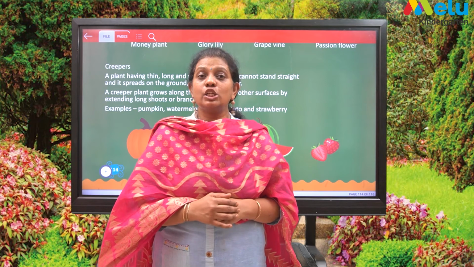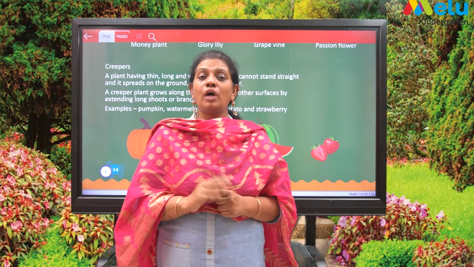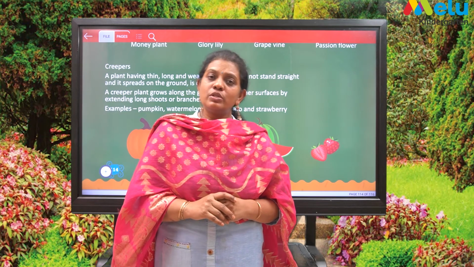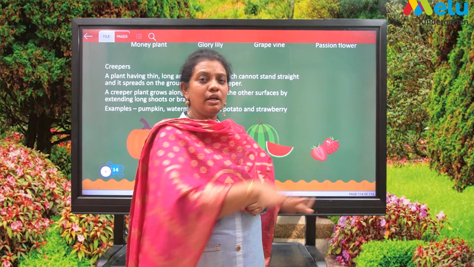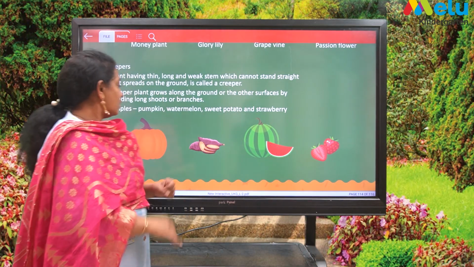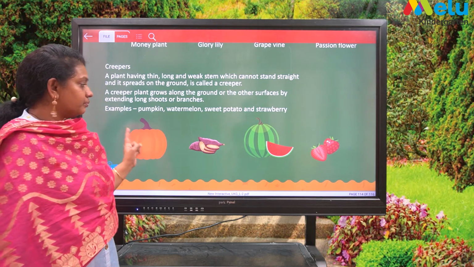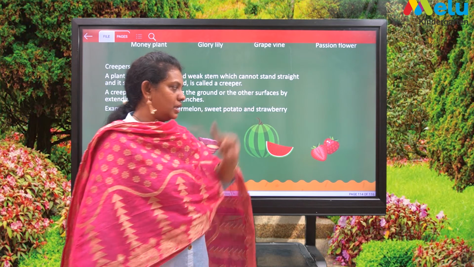That's the reason it always needs a support to grow up. And mostly the creepers, if you do not give any support, will grow on the land. The examples for this are pumpkin, yam, watermelon, strawberry.